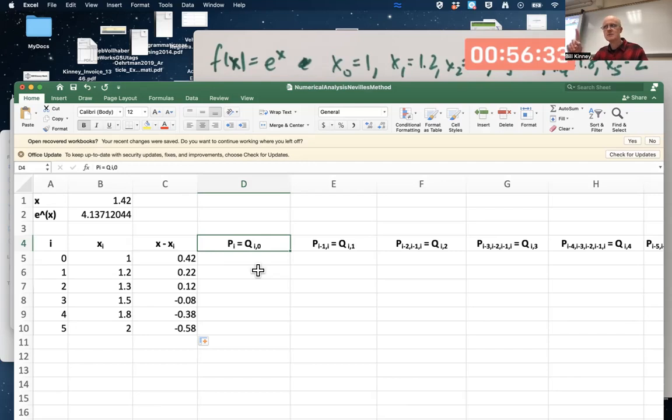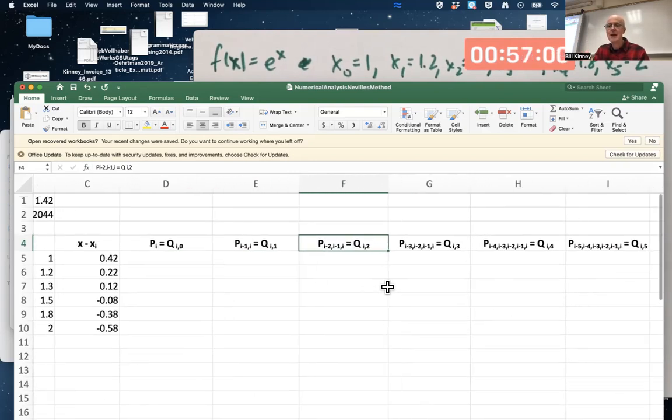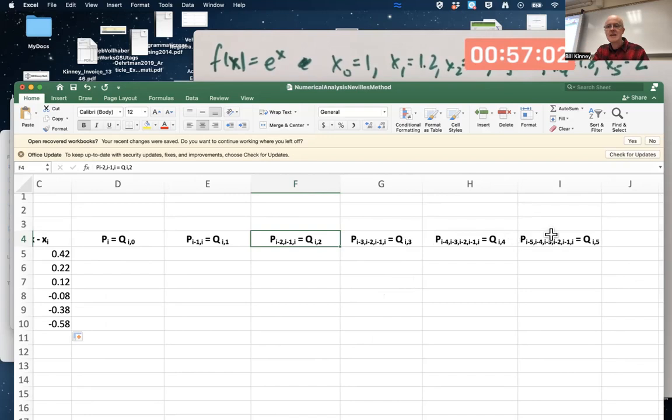Having two subscripts for the P in this next column emphasizes it'll be degree 1 approximations. Having three subscripts for the P in the next column emphasizes it'll be degree 2 quadratic approximations. So as we go across the columns, the degree of the underlying polynomial is getting higher. In the end here, I'm after degree 3, 4, 5. I'm after a 5th degree approximation in the end.